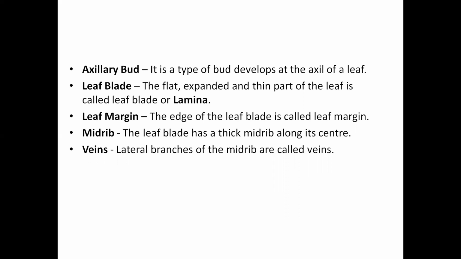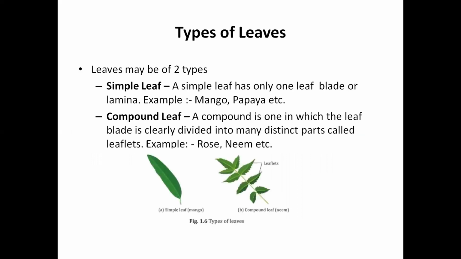Its tip is called the leaf apex. Leaf margin: the edge of the leaf blade is called the leaf margin. Different leaves have different types of margins. Midrib: the leaf blade has a thick midrib along its center. Veins: lateral branches of the midrib are called veins.